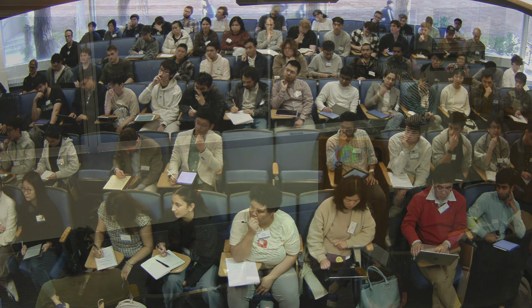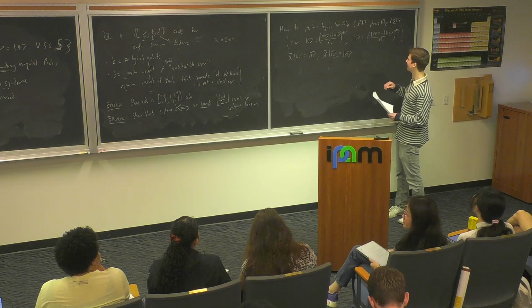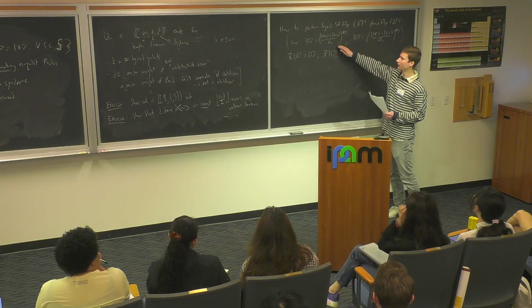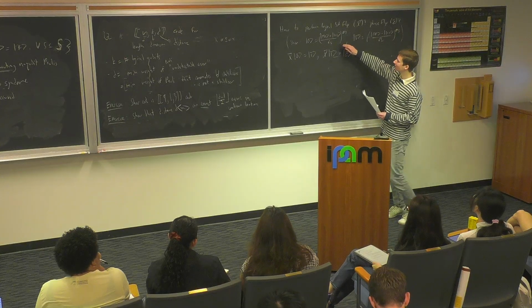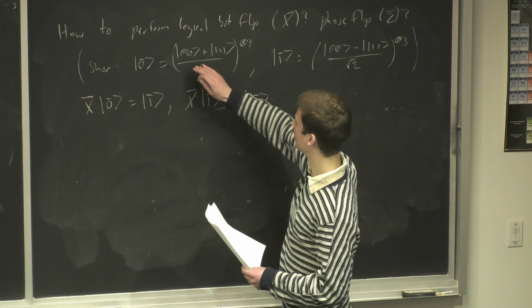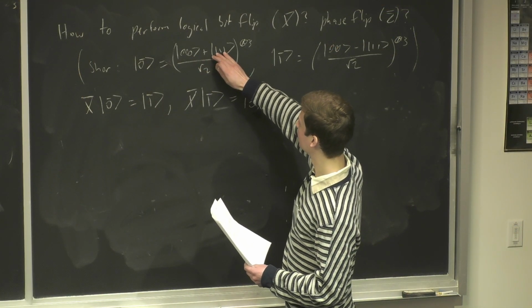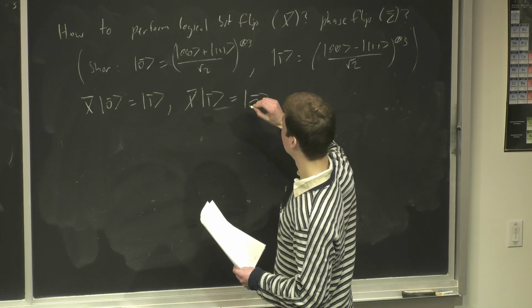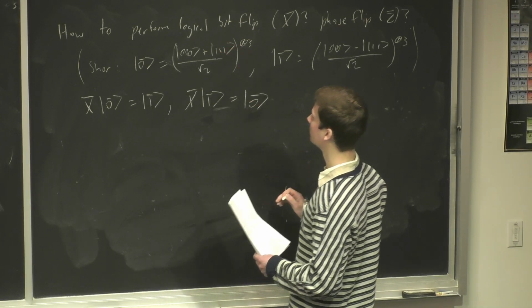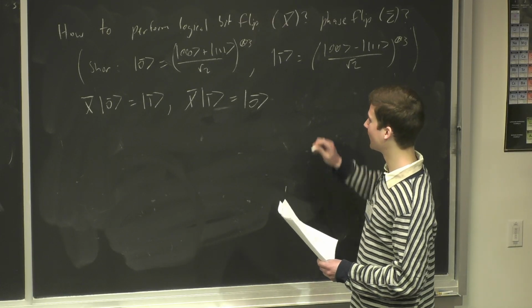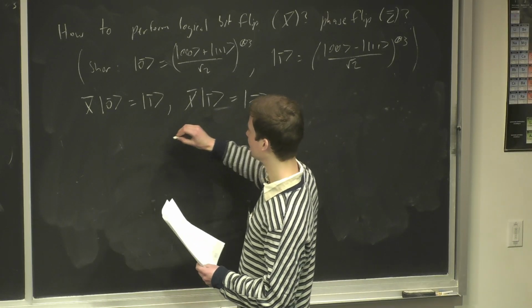Let's see. If we apply Z1, Z2, Z3 to this state, what happens? Well, nothing happens to the zeros, and we get 3 minus signs.